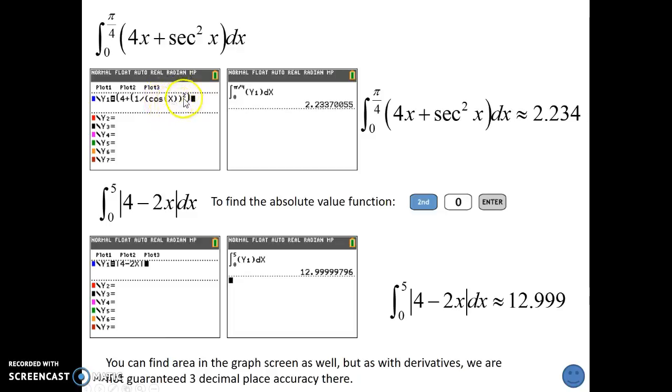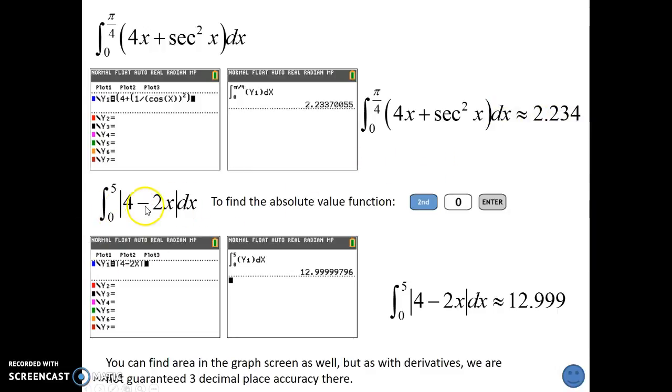So again, look at the parentheses and make sure that you have your squared applying to all of cosine, not just to the x. Cosine of x squared is different than cosine of x quantity squared. So make sure you do that. And then your limits of integration are 0 to pi over 4. And so here we have 2.2337 and that's accurate to 2.234.